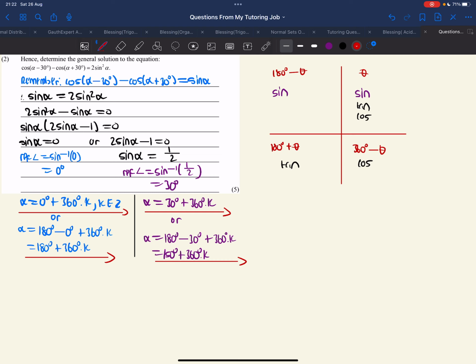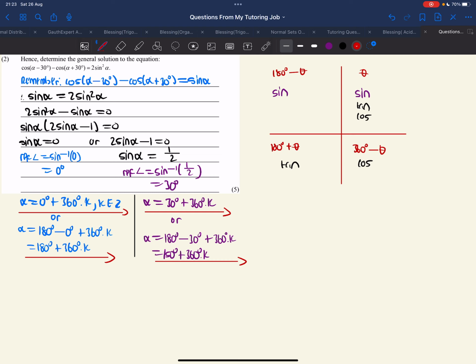But we are looking for alpha equals 0 degrees plus k times 360 degrees, or 180 degrees plus 360 times k, or 30 degrees plus 360 times k, or 150 degrees plus 360 multiplied by k.